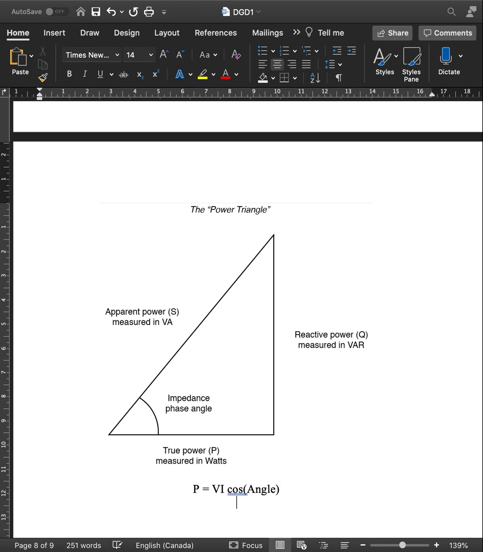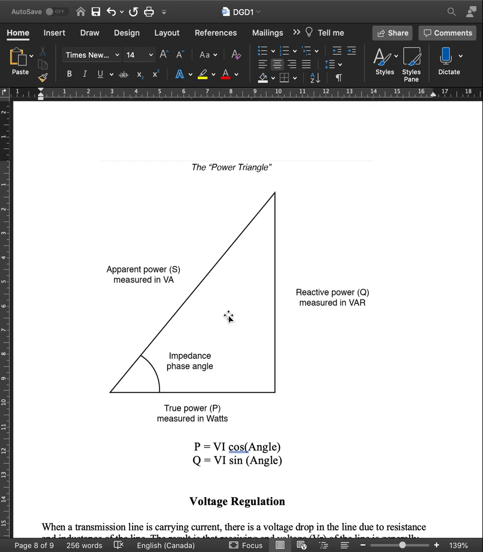The same can be done with the reactive power. Reactive power can be calculated as Q equal to VI, but instead of cos we have sine this time, with that same impedance angle. And that's what the power triangle looks like. You might have to draw one in the future, but generally this is how it looks.